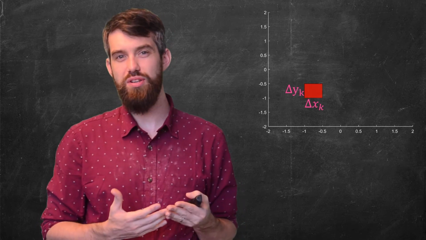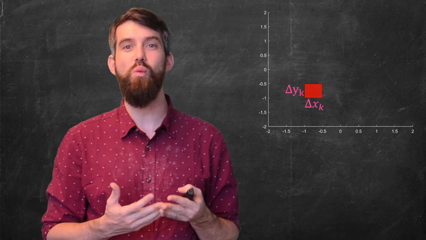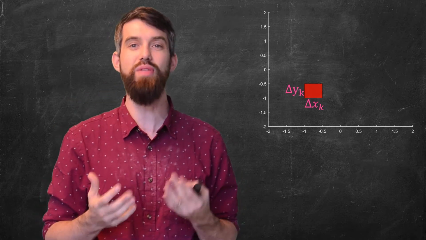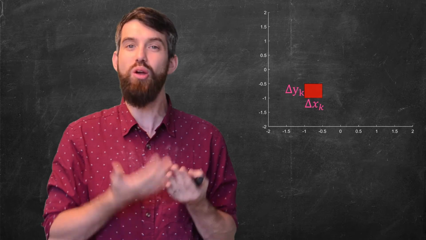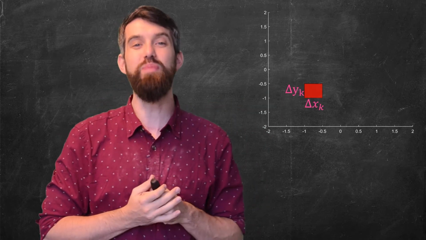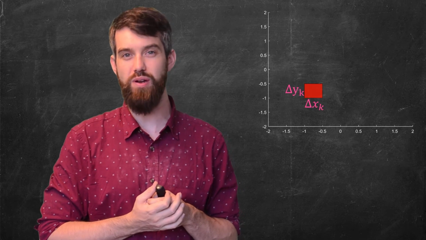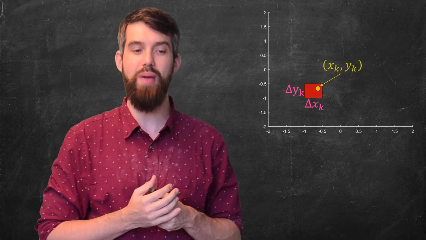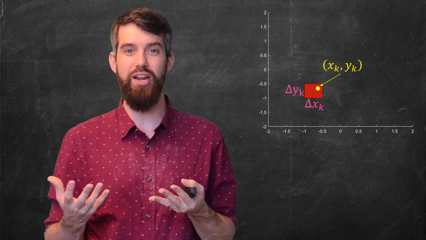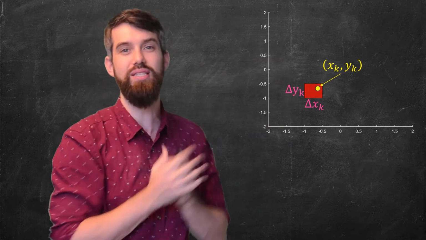The next thing I need to figure out is the height of the box above this little rectangle. To do that, I'm going to plug into my function, but plug what in? This is a whole little region, so I need to choose a specific point. Let me choose a pair xk, yk, which is just some point anywhere inside my rectangle.